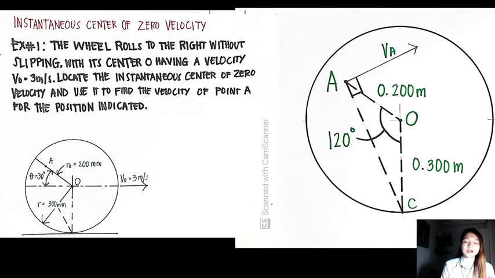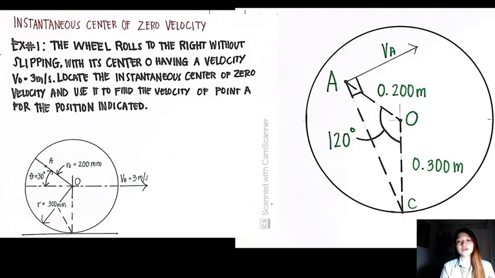In the right corner, we have the FBD of the wheel, with the velocity vector of A, which is perpendicular to the line to point A. Same measurements: if we convert the 200 millimeters to meters, we get 0.200 meters, 0.300 meters, and 120 degrees.